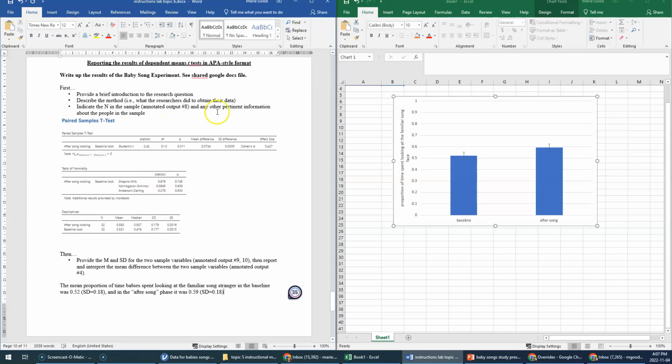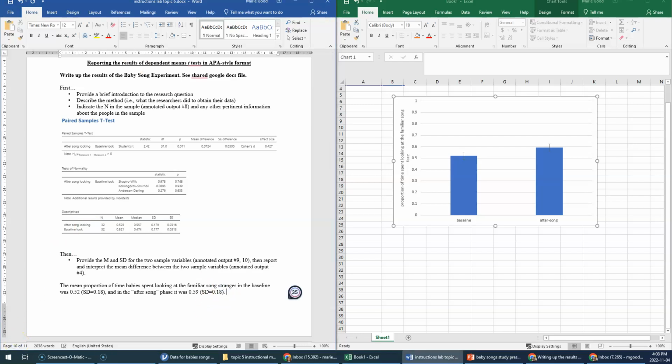Okay, so now we've done the first part. We provided the mean and standard deviation for the two sample variables, and then we're going to report and interpret the mean difference between those two sample variables. And here we have to look at number 4, which is the mean difference, and interpret that mean difference.